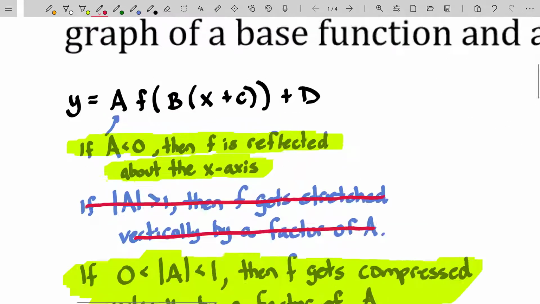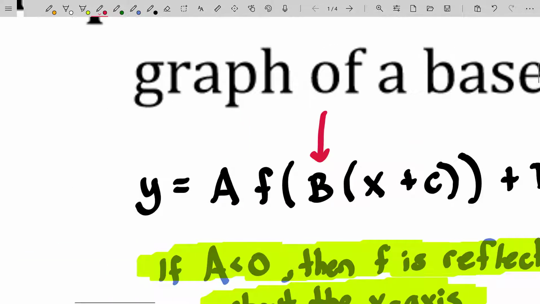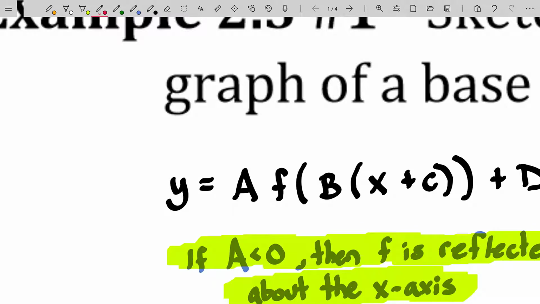Now let's zoom in to what b does. Now that we have a taken care of, we need to know what happens with b. Well, if a multiplying our function caused a stretch or a compression vertically, then from our prereq knowledge, the b as a coefficient of x causes a stretch or a compression horizontally.